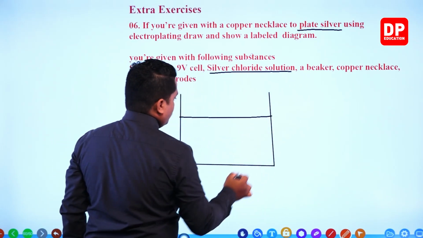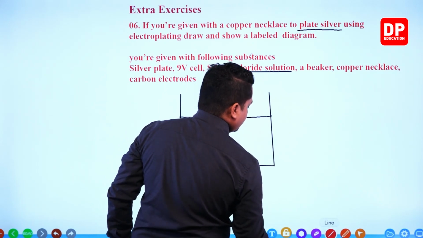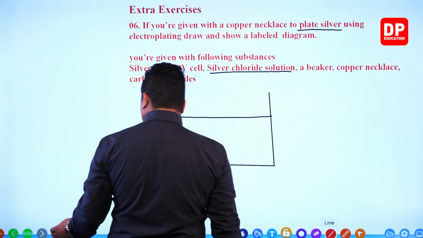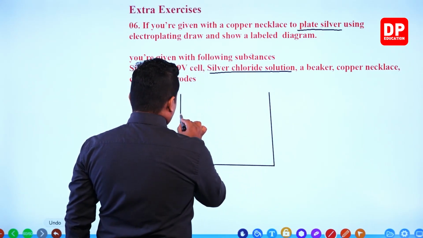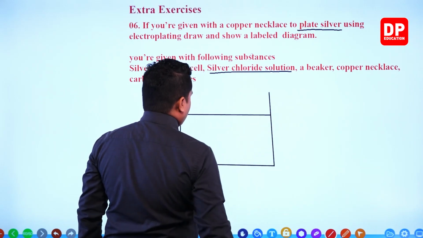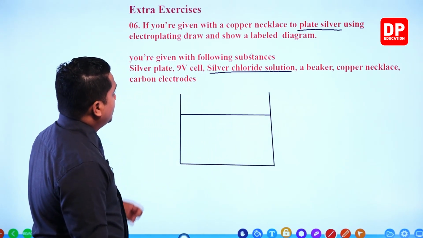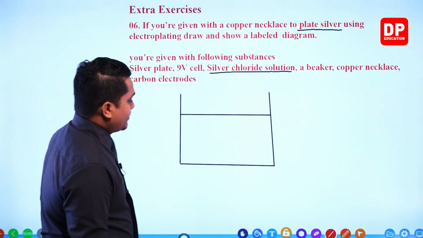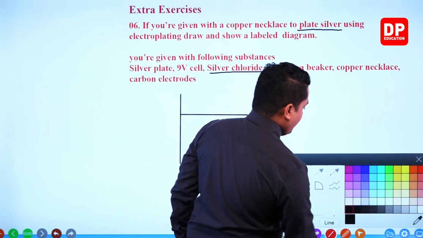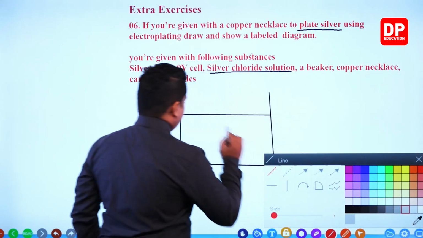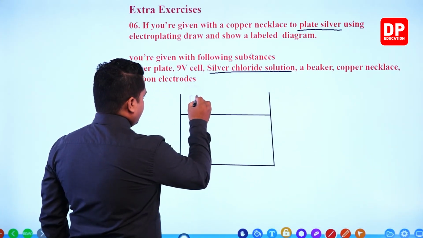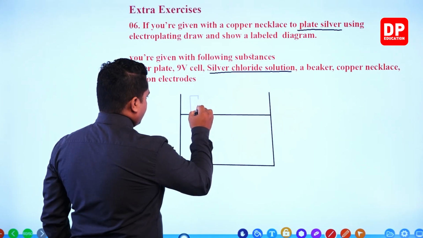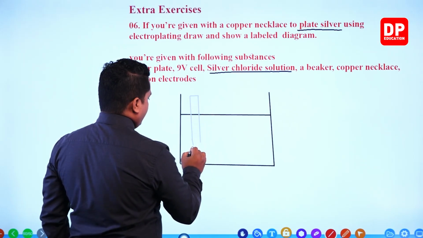So here we go, the solution, silver chloride solution. Then we need to plate silver, so we need to use a silver plate. Let's use a silver plate then. So this is the silver plate.